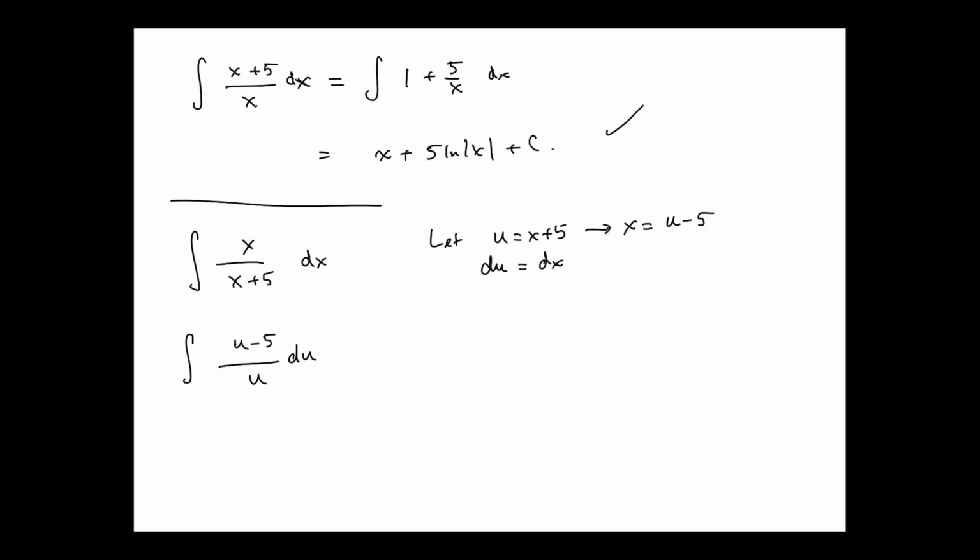And I've transformed the problem into that. Okay, have I put everything in its correct place? Okay, and now I've changed the problem to one where I can break up the fraction.